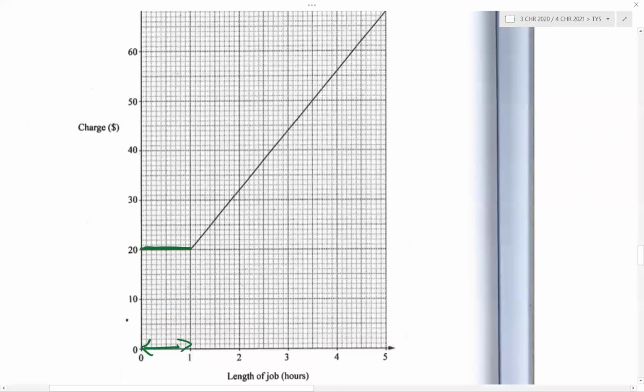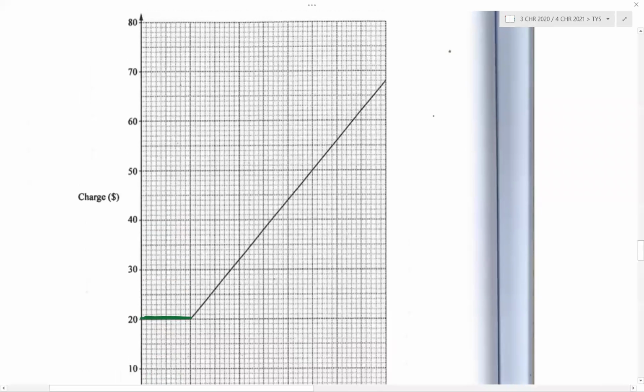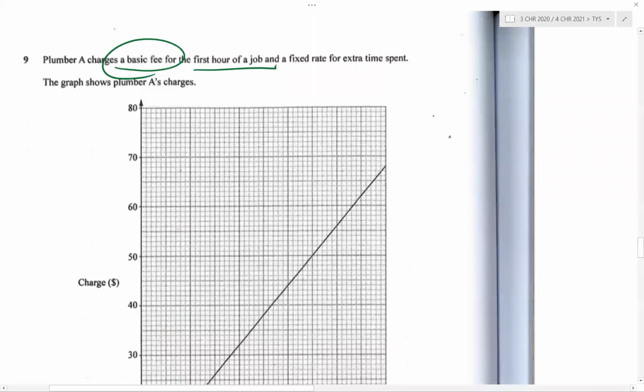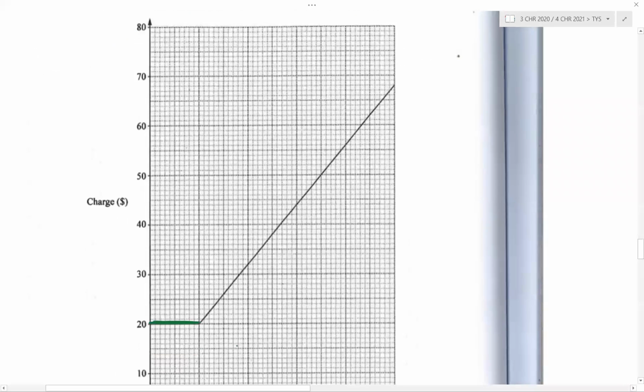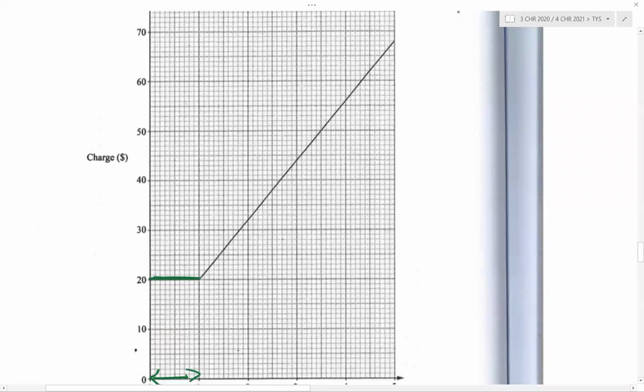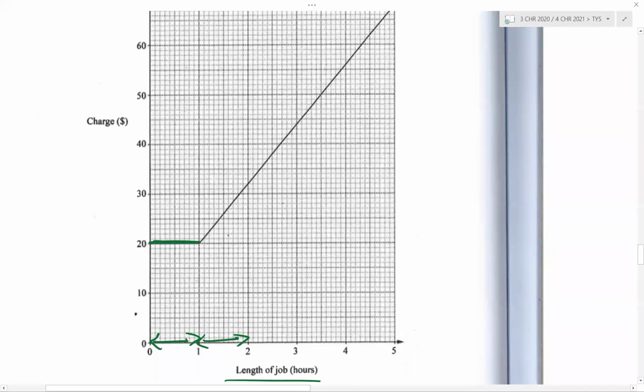And then any extra time, he will increase by a fixed amount. As we can see, after 1 hour, so between 60 minutes and 120 minutes, the amount you have to pay increased. From $20, it became $32. So there is an increase.